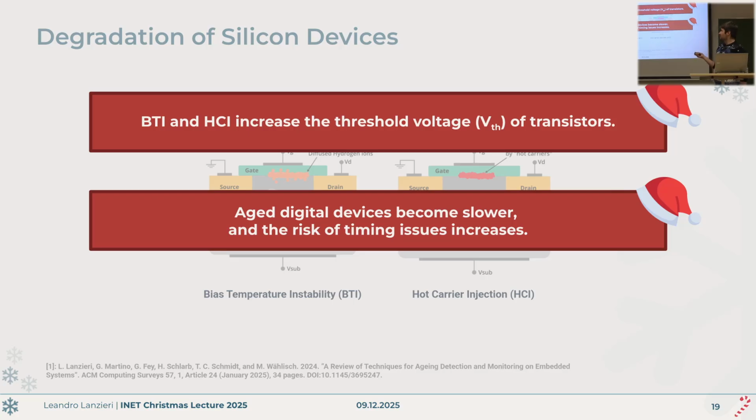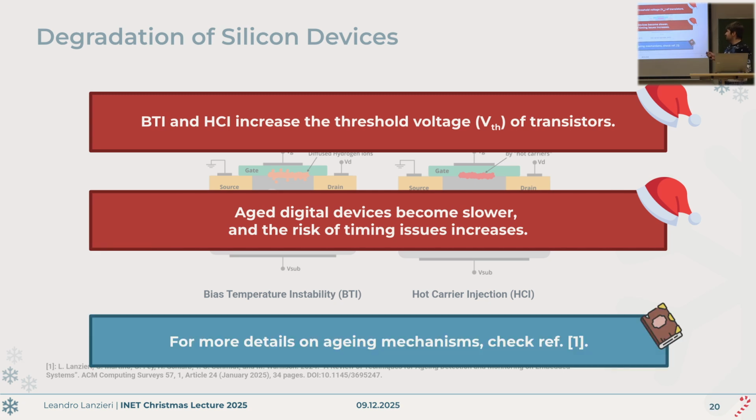Also, as happens on all digital devices, they become slower, and that brings the risk of increasing timing issues, like we saw on the gift delivery system.